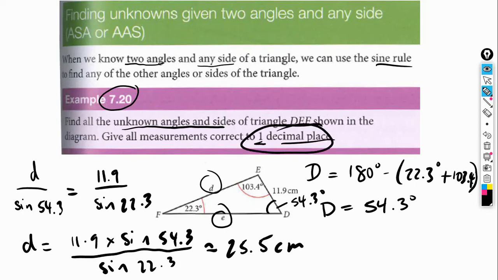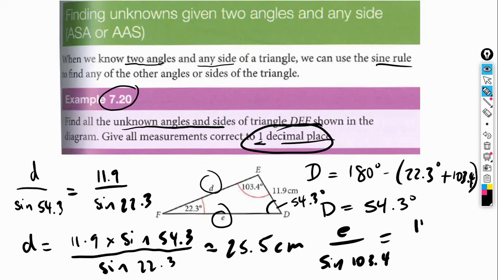So we can do something similar with E. And with E, we can say then that E over sine of the opposite angle, so E over sine of 103.4 has to be equal. And here let's use the safest measurement, which is the one that's already known or given to us.